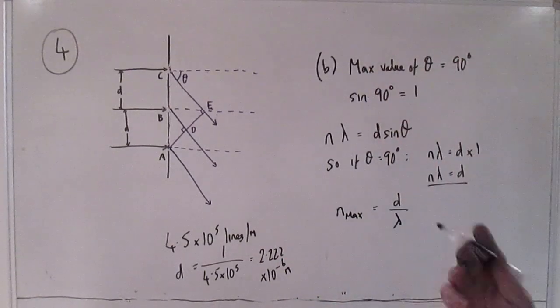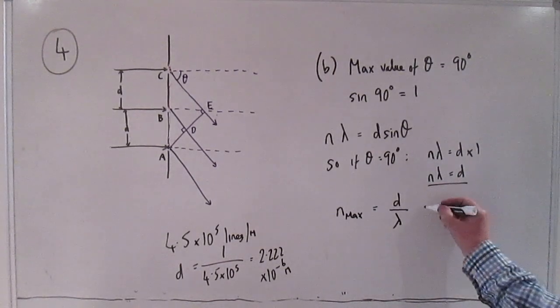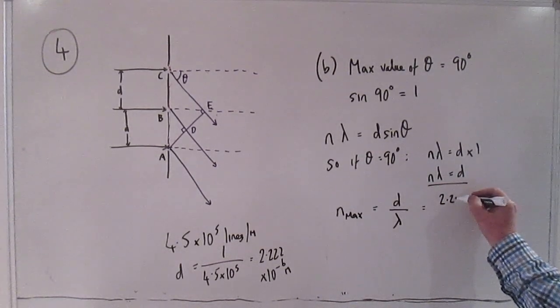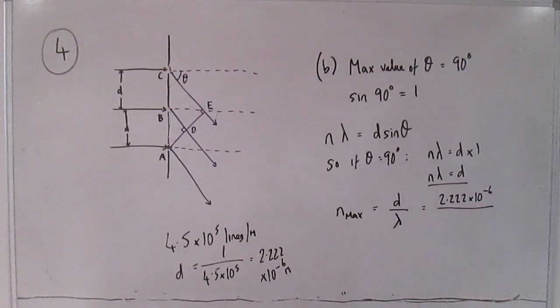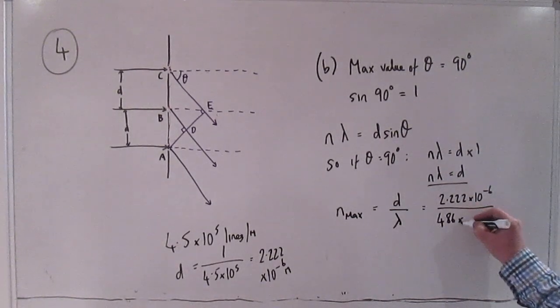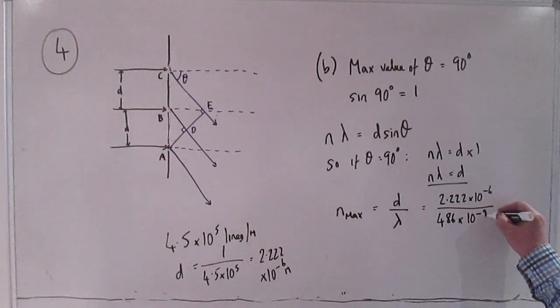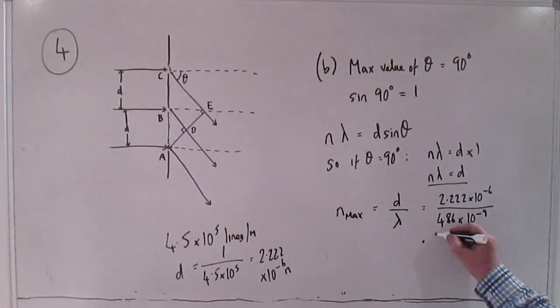So that's the separation of the lines on the diffraction grating. So that's 2.222 times 10 to the minus 6 divided by the wavelength, and it tells us in the question that the wavelength we're interested in is 486 nanometers. So that's 486 times 10 to the minus 9 meters, and if you work that out, that comes to 4.57.